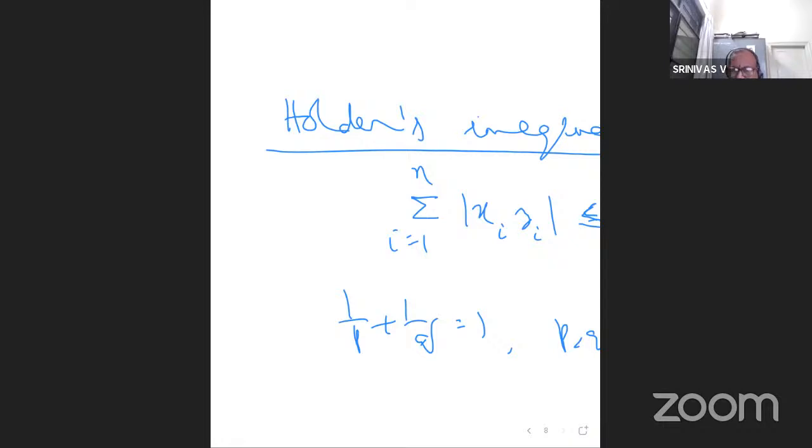What is x dash t? It's a constant, so it is 1 by p. It is a t term. This is 1 by p minus the derivative of this, which is 1 by p into t power 1 by p minus 1. We are taking 1 by p plus 1 by q is 1, so this will be minus t power 1 by q.